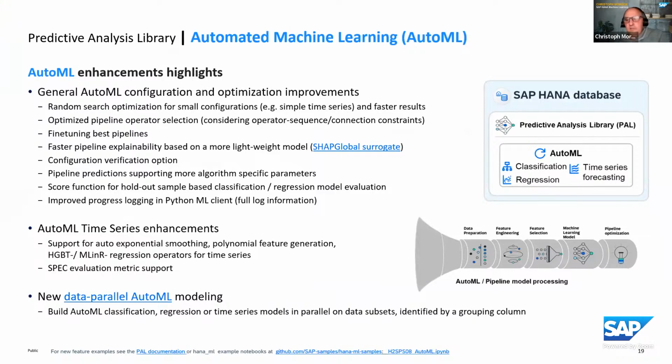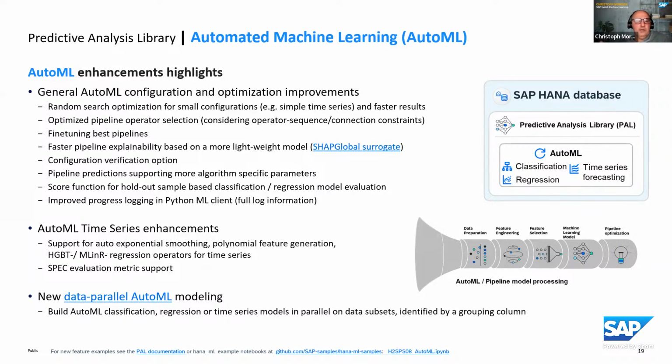One area with many enhancements is our AutoML framework and the functions in the area of general configuration of the AutoML scenario for smaller or time series based scenarios, especially where we want to maybe train multiple time series models in parallel.